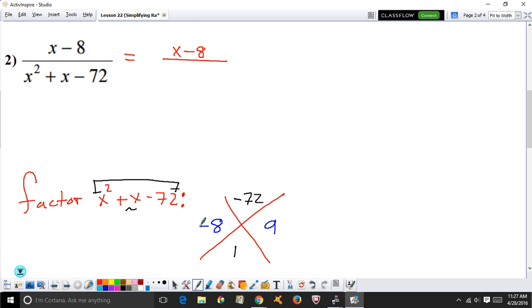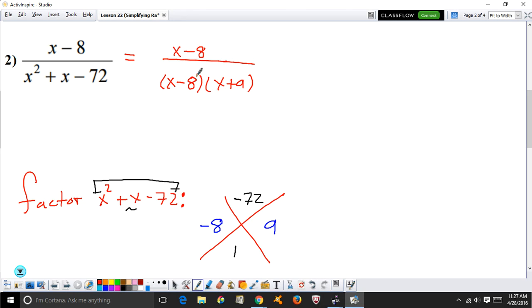Now it's negative 8 because I want negative 72. So negative 8 times 9 is negative 72. Negative 8 plus 9 gives me 1. So that means that I can rewrite the denominator as x minus 8 and x plus 9.